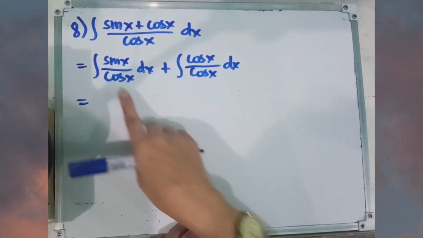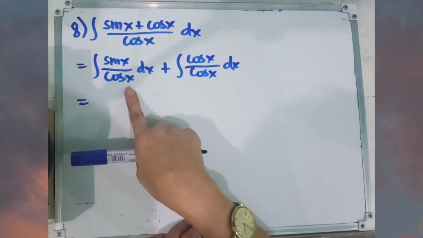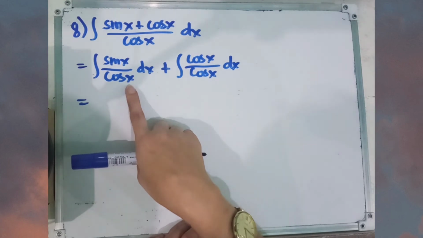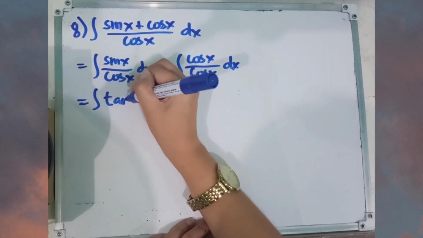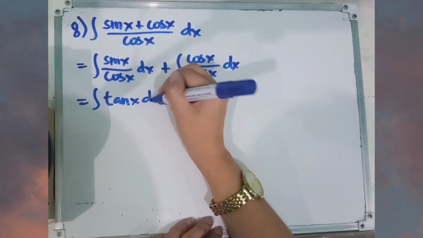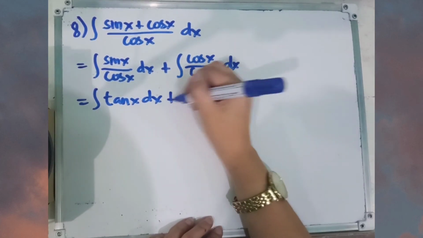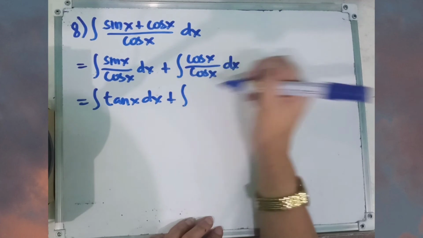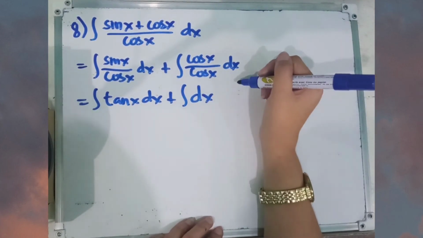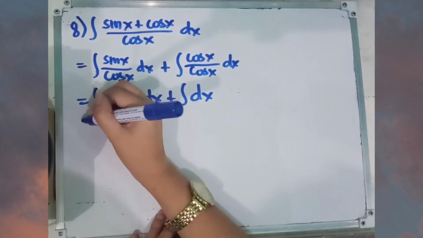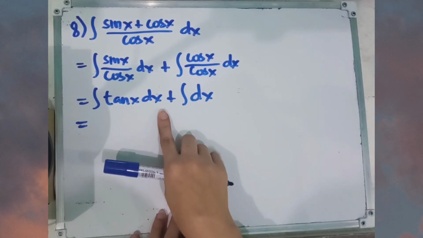Later, we can simplify this. The integral of sine x over cosine x, by the trigonometric identities, is equal to tangent x dx, and this one is equal to 1, right? Cosine x over cosine x is 1. And this one we already discussed earlier.